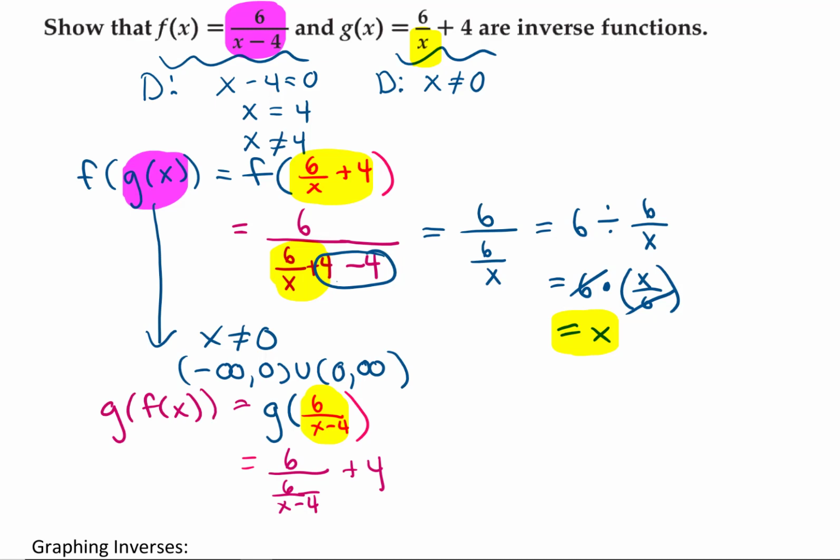So as you can see, the x in the g function has been replaced with the f function. Everything else stays the same in the g function. And then I need to simplify. I'm going to simplify the left-hand term first.